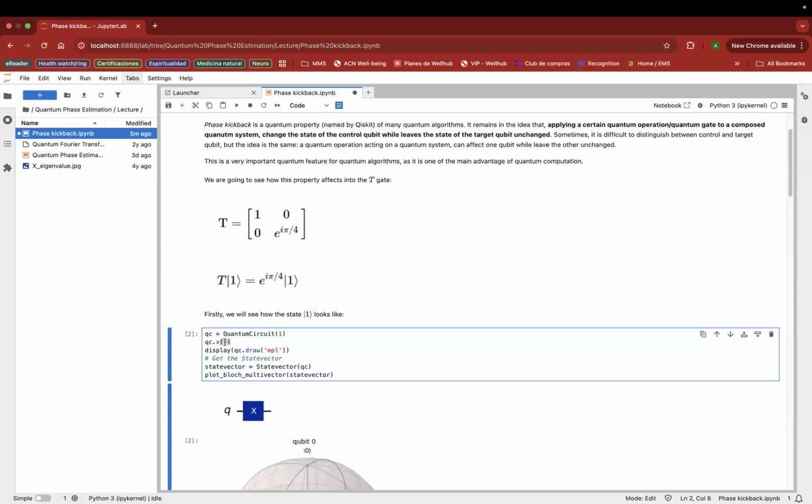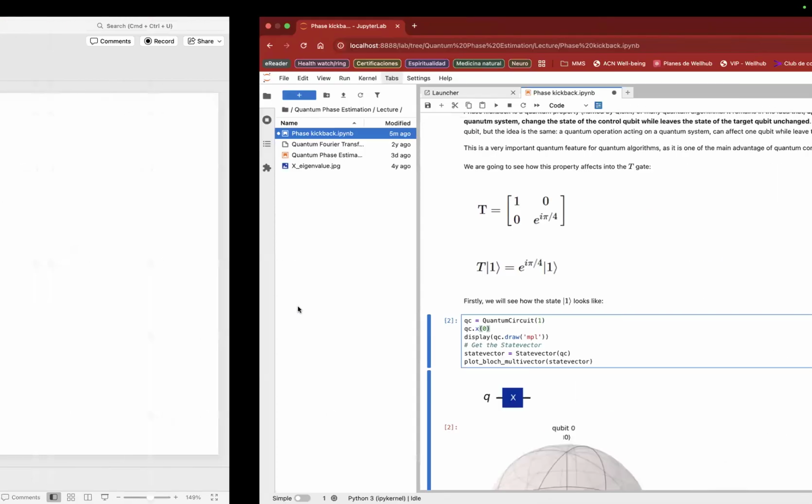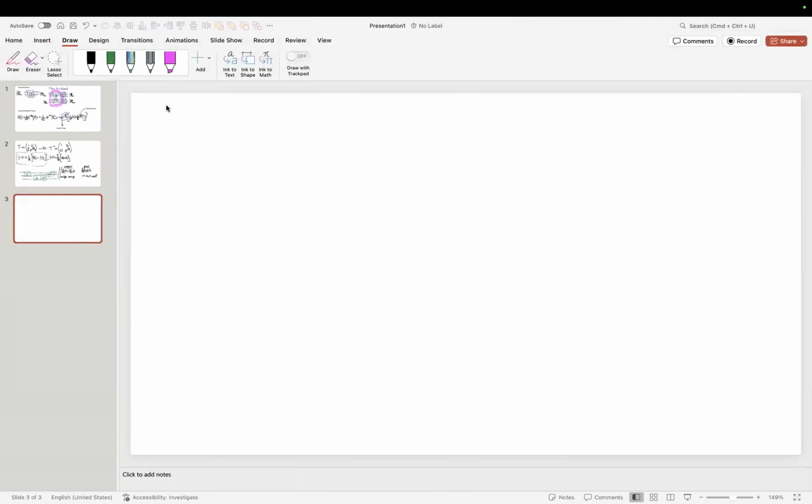We apply X over the state 0 because we need to put the state 1. So we are going to do this operation. First we have qubit 0, then we apply X. Now we have qubit 1, right? And then we will apply T. As this is a global phase, we will also get 1.